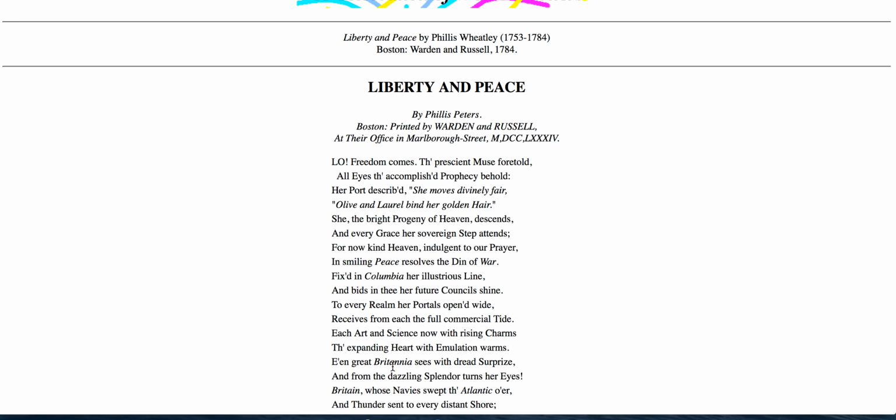That's why she has this heightened language. It's very difficult, perhaps. If you do get assigned Phillis Wheatley and have problems, please let me know.